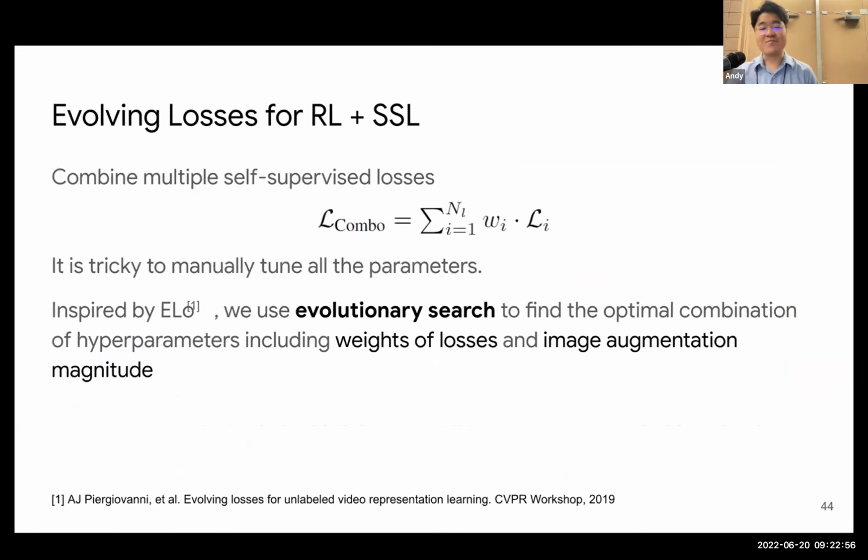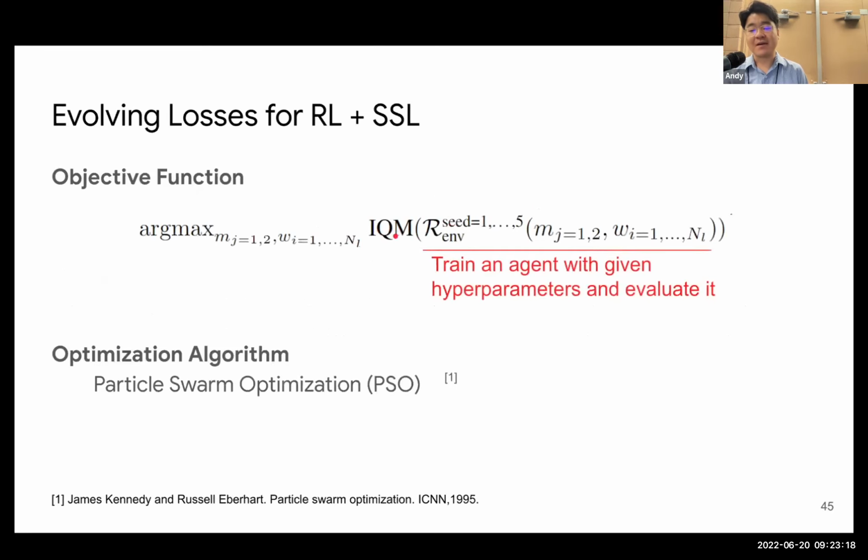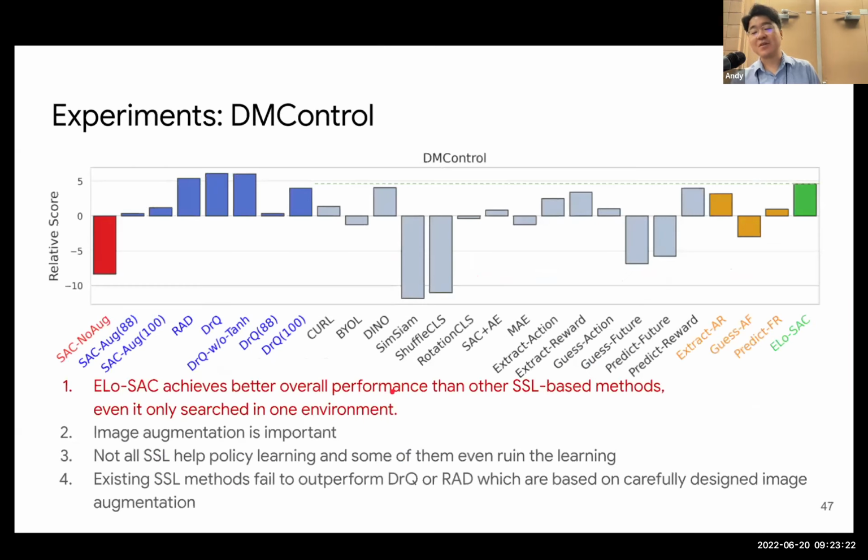So we also tried to investigate how we can combine multiple different types of self-supervised losses by doing evolutionary search. We tried to combine multiple different types of losses using an evolutionary algorithm. Based on that, we were able to find some optimal parameters combining these different types of losses and came up with something like this.